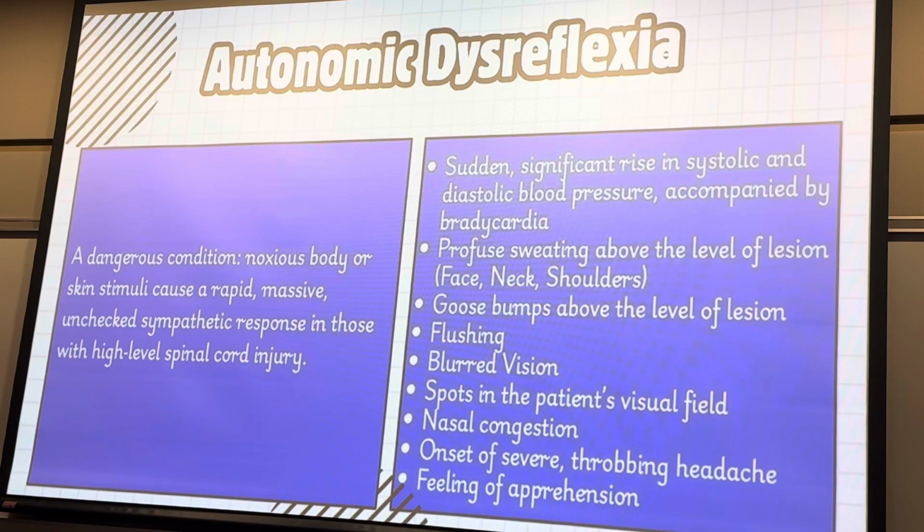What if their clothing is too tight? Is that going to cause some stress along the skin, causing a noxious stimuli? I mean, this is like real simple stuff sometimes. Stuff you've got to think about. Stuff you really don't even think about in your day-to-day care of your patient. But it matters with these injuries.